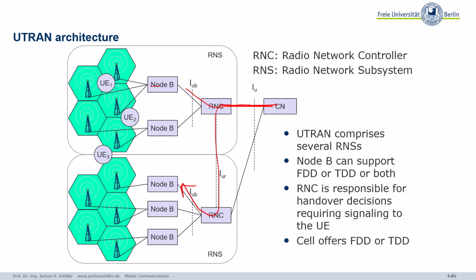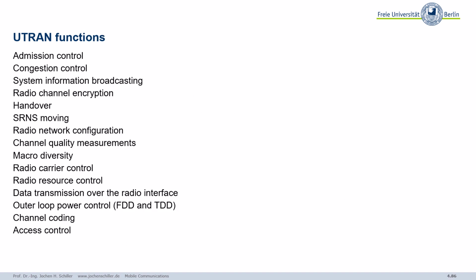I will come back to this handover, but for now, this UMTS terrestrial radio access network has to do many things. Here is a list, not really complete, of functions this network has to control: admission, congestion, broadcasting of system information such as cell IDs, and encryption in the radio channels.